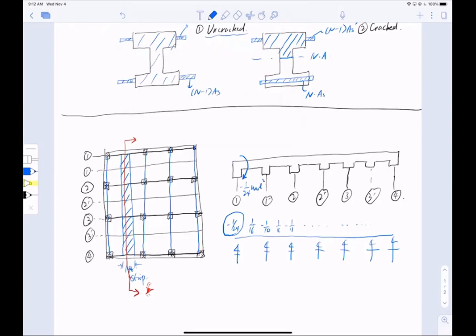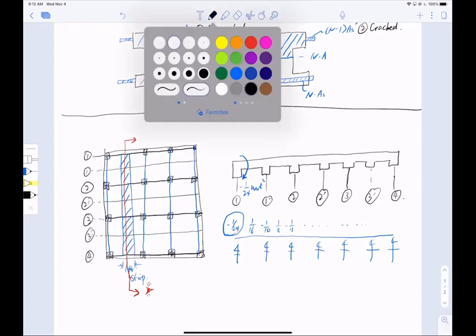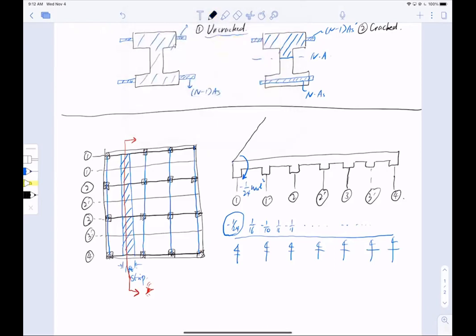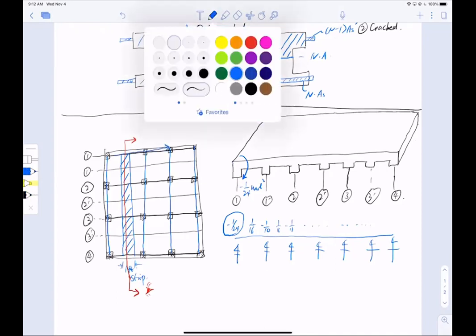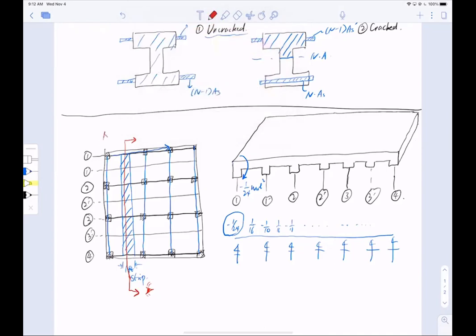All right, so since this is a side view, say I want to do a longitudinal view, I want to complete the 3D view. Complete, the 3D view looks like this. Now along this span, let me use red. So this is A, B, C, D. Along this A, B, C, D span, they're all minus 1/24.